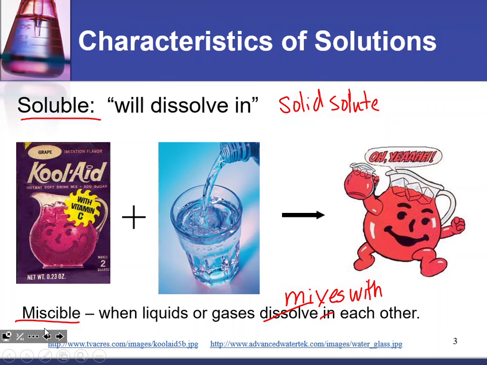Miscible is more of a gas-liquid reference, whereas soluble, you're really talking about a solid dissolving in a liquid. So that's a little bit of a nuance in the way that these words are phrased. So miscible, really referring to like taking alcohol and putting it in water. They mix, and they would mix very easily. But something that wouldn't mix would be like oil and water, and we'd say that's immiscible. Okay?